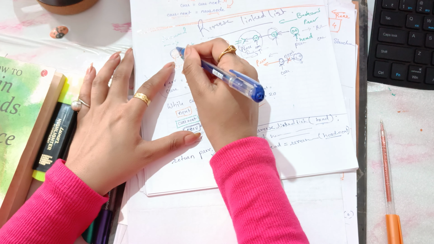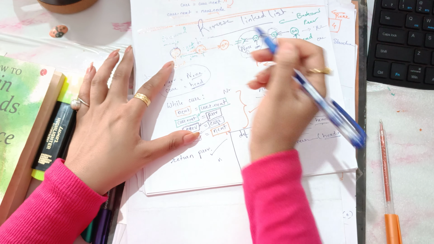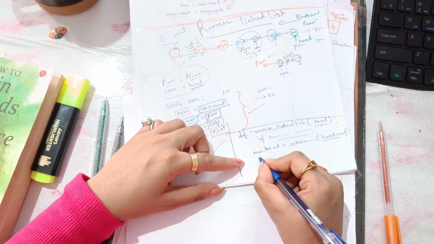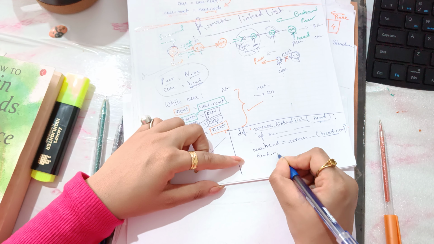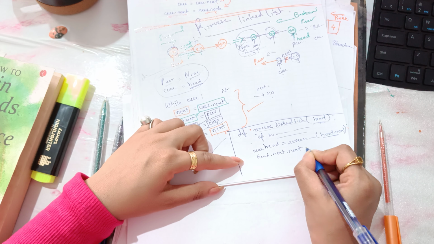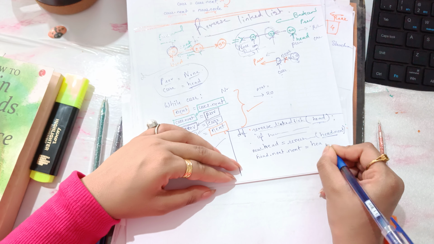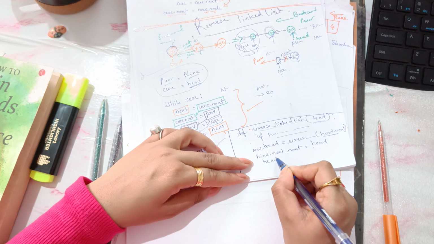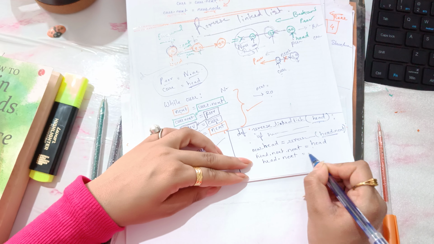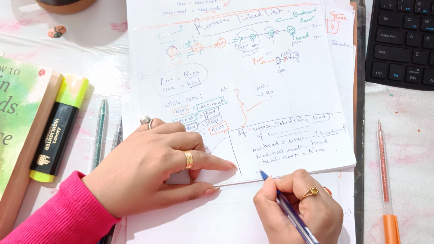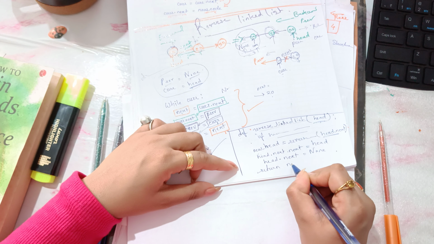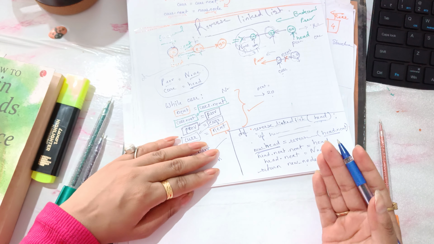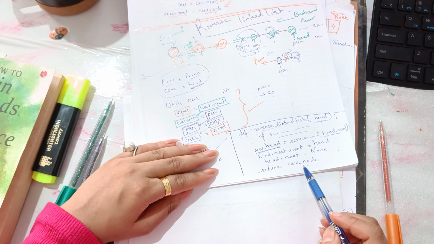Head dot next will be passed again and again in this recursive call, and we have to update our head dot next dot next to our head. Whatever head we have, that will be assigned, and here we say head dot next will be none, and at the end you have to return new node, because this new node will always be at the end of this pointer.